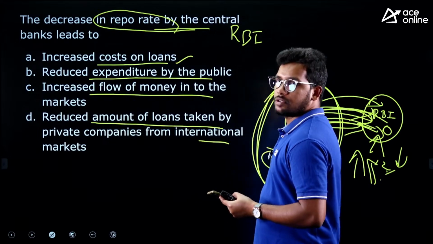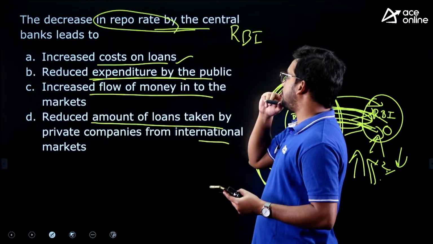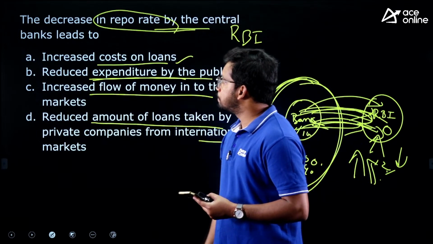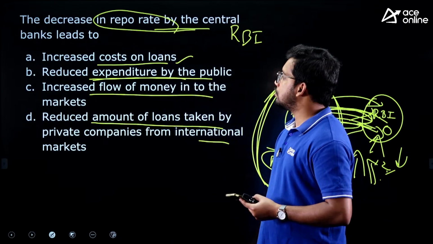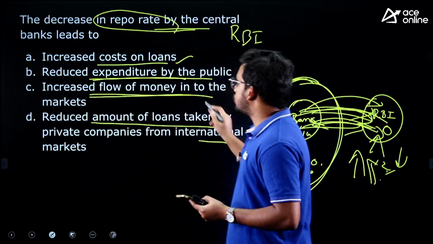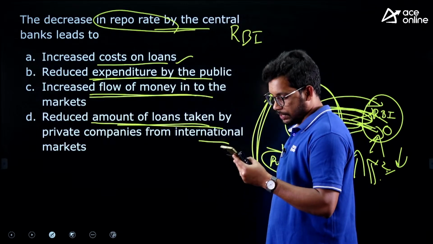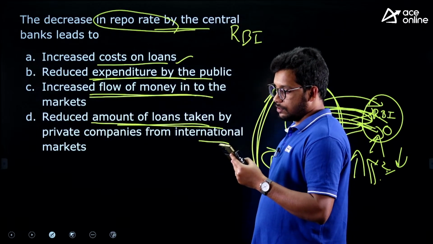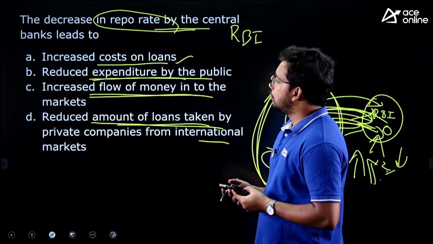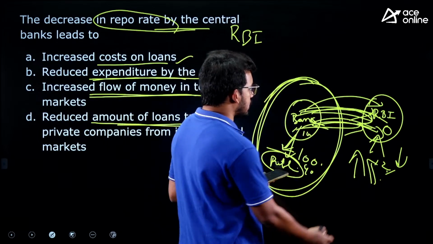Increased cost on loans, reduced expenditure by the public, reduced flow of money into the market, reduced amount of loans taken by private companies. Right? So we have discussed the interest paid.